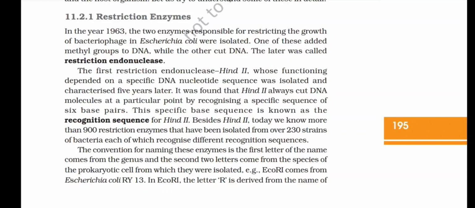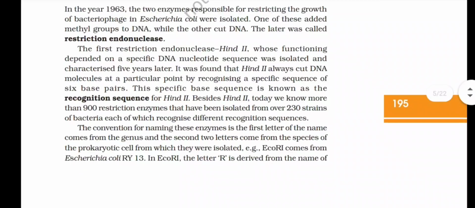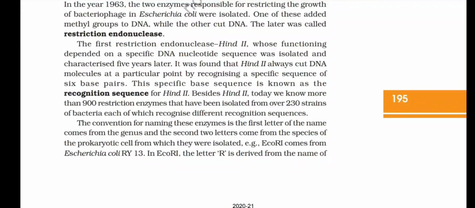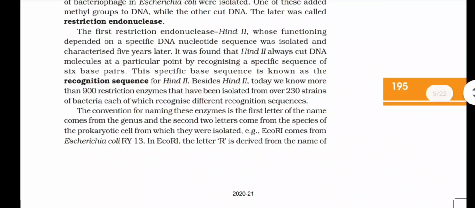The first restriction endonuclease, HindII, whose functioning depended on a specific DNA nucleotide sequence, was isolated and characterized five years later. It was found that HindII always cut DNA molecules at a particular point by recognizing a specific sequence of 6 base pairs.